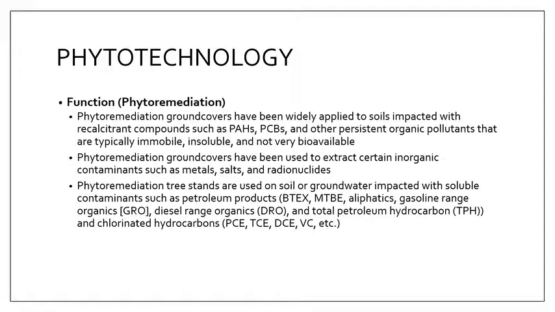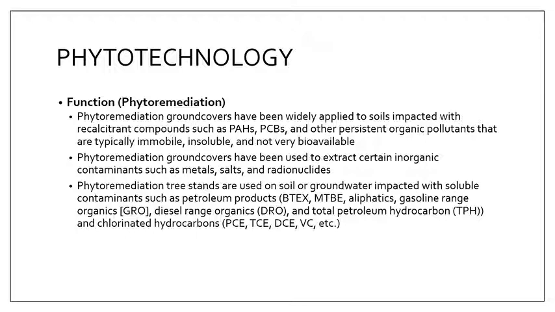Alright, so there are certain types of plants that are called ground covers. These are your small plants that cover the ground, and they have been used on soils impacted by recalcitrant compounds, meaning compounds that do not easily break down, such as PAHs and PCBs, and other POPs or persistent organic pollutants.